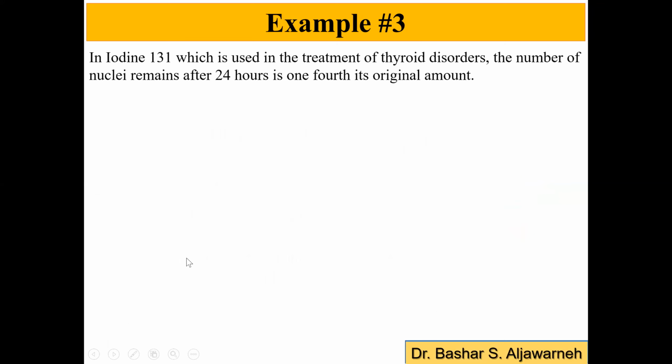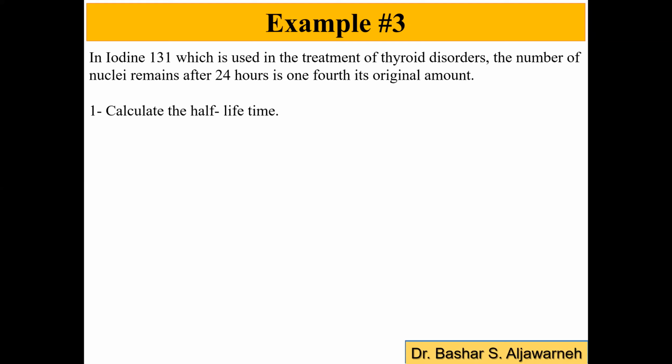Another example, in iodine 131, which is used in the treatment of thyroid disorders, the number of nuclei remaining after 24 hours is 1/4 of its original amount. This statement is the key to my solution. Let me see the half-life time.